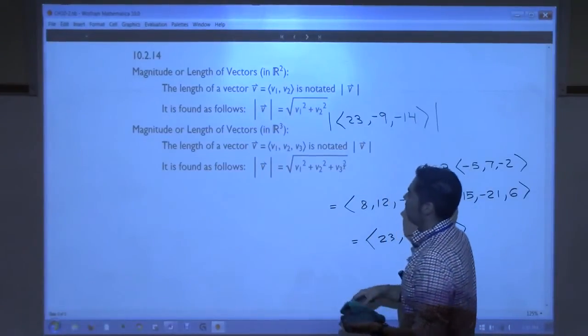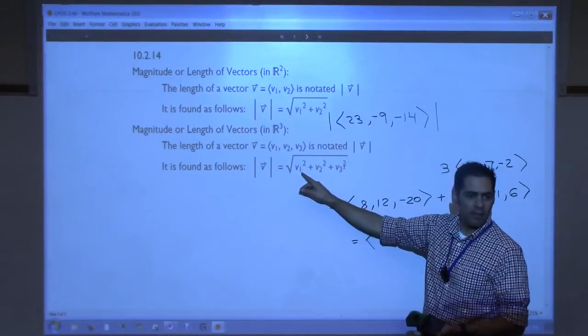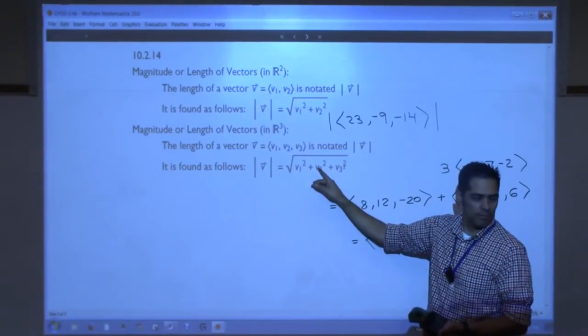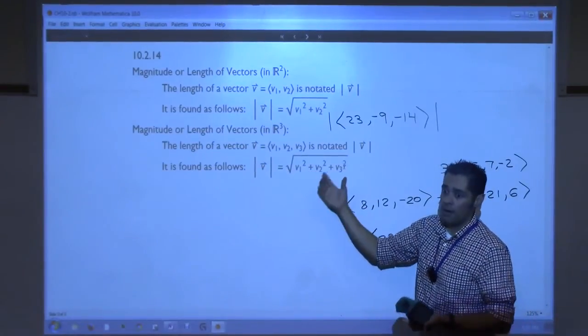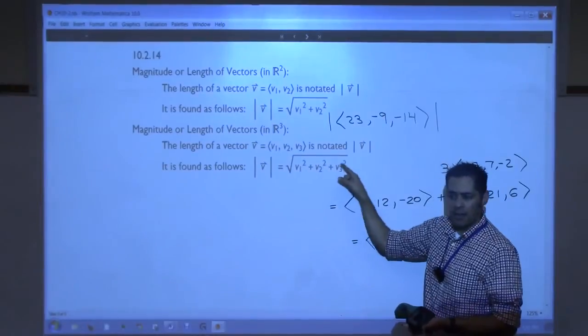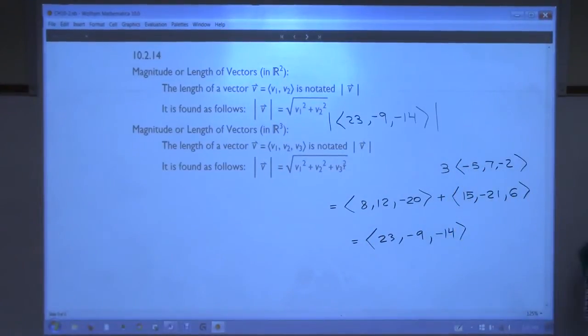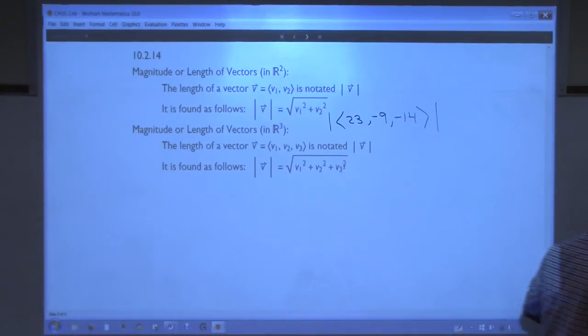It's the square root of the sum of the squares of the components. So we square each component, we add them all together, and we take the square root.